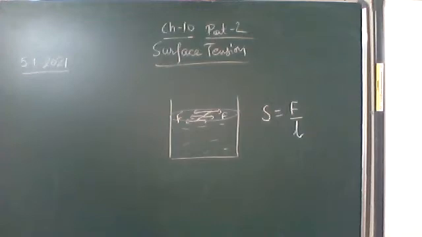Make the figure, draw any imaginary line on the free surface, and it appears as if the line is being pulled from both the sides by some force F. These forces will be equal.